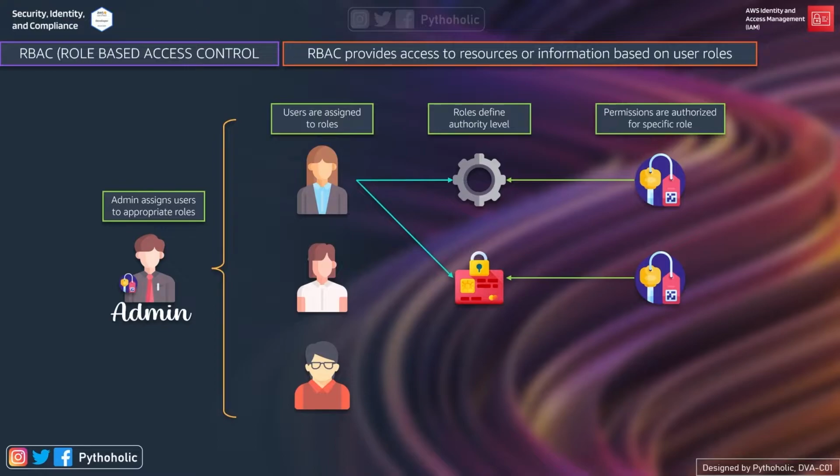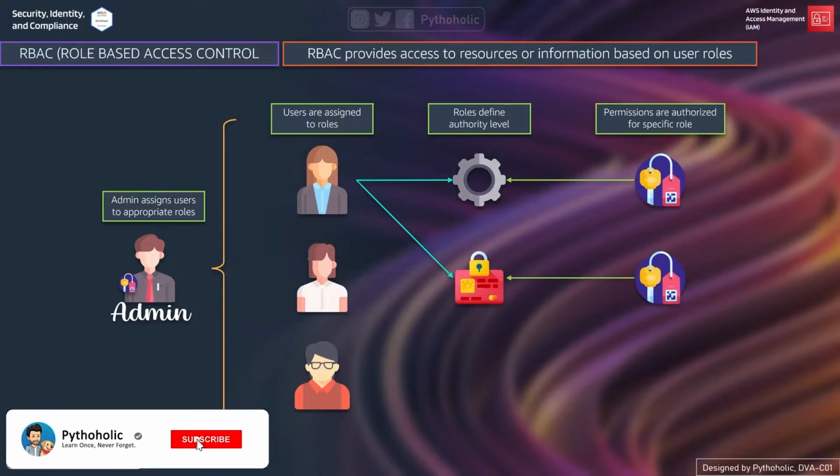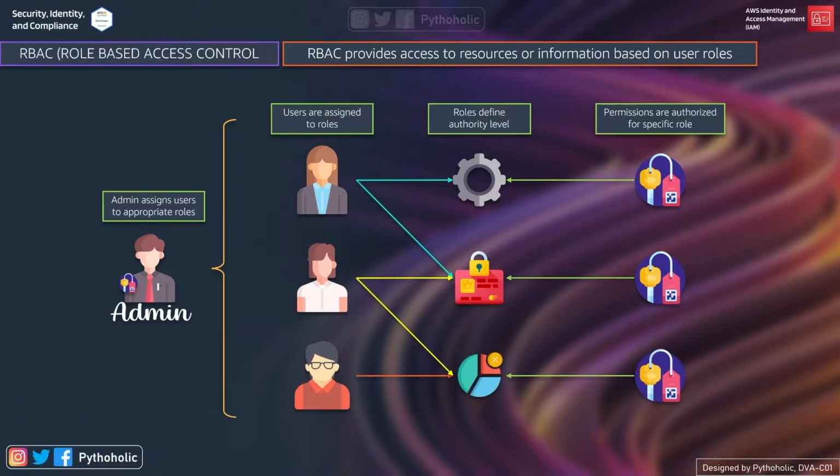The admin that you see here is having full access, and based on his or her role, the permissions are provisioned. Similarly, we have the same for other roles, and these are not just defined for users. They can also be for user groups like a group of admin or a group of developer. In IAM also, if you want RBAC, we can implement RBAC by creating different policies for different job functions.